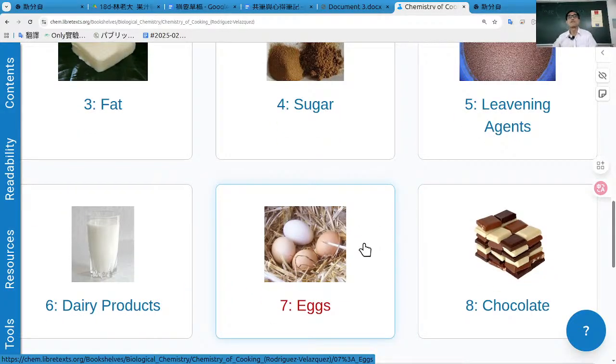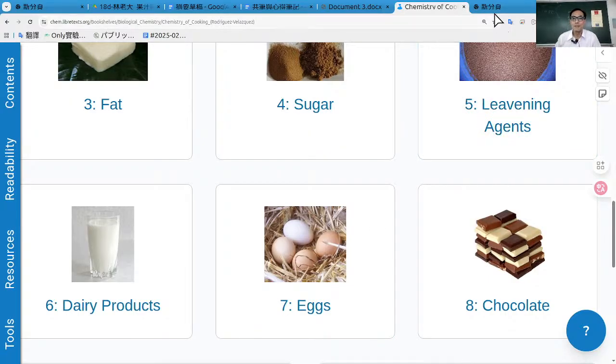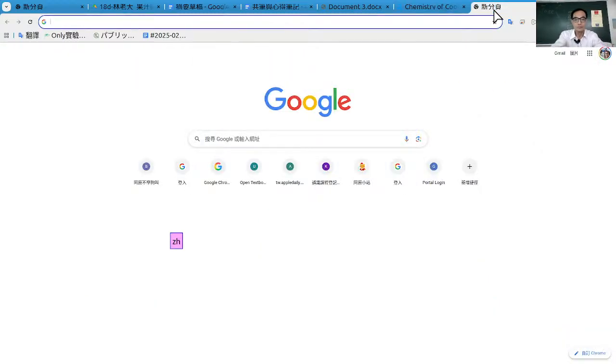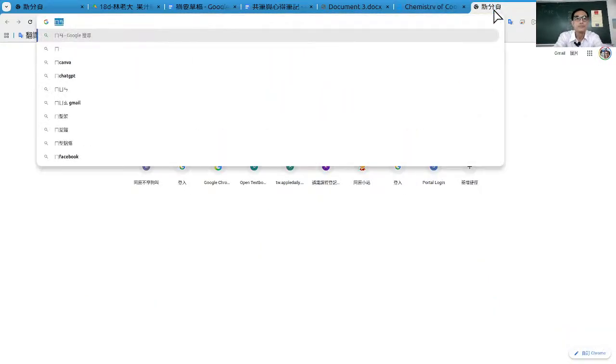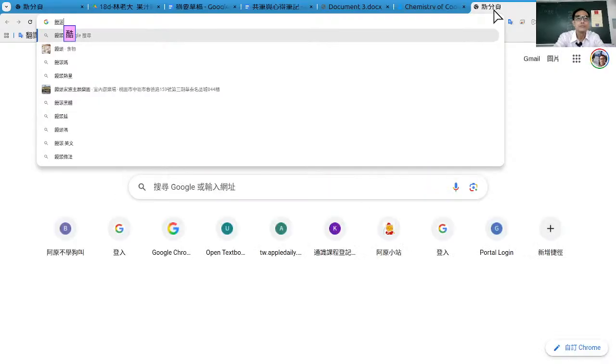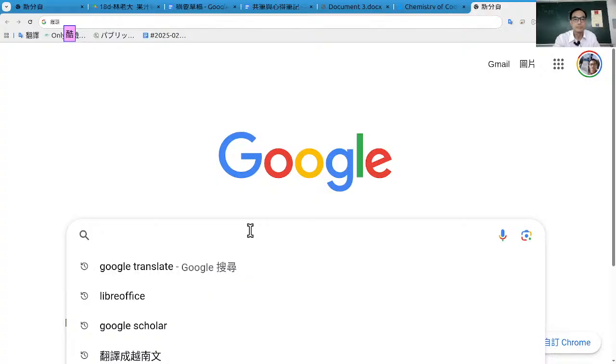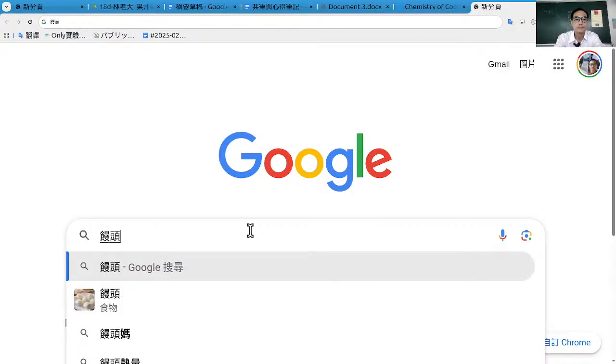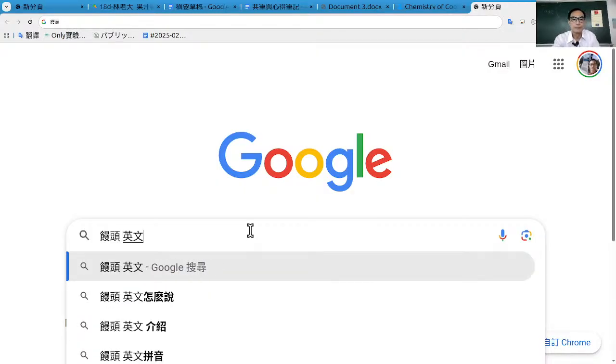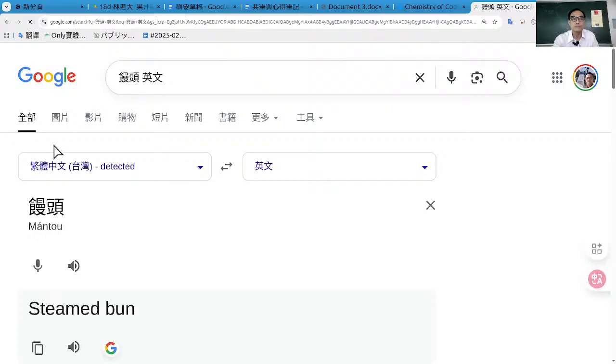Sure, if we have a chance, if I get a budget, I will treat you to the traditional, I don't know how to say that. Okay, let me show the steamed bun.